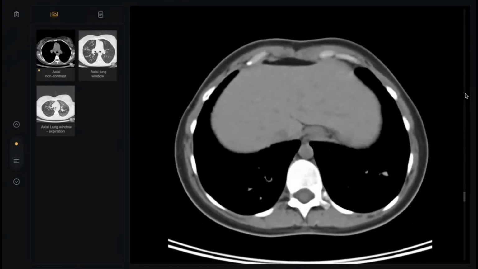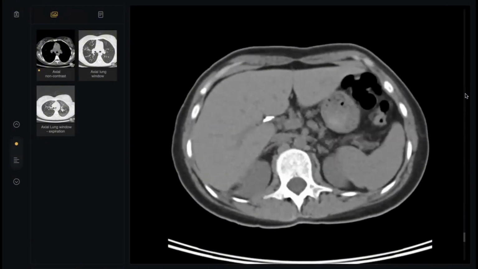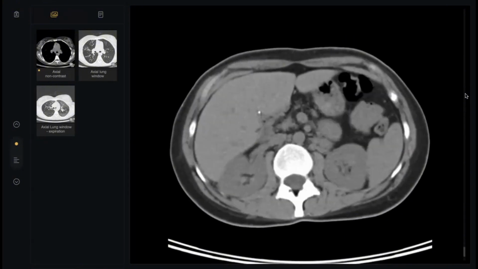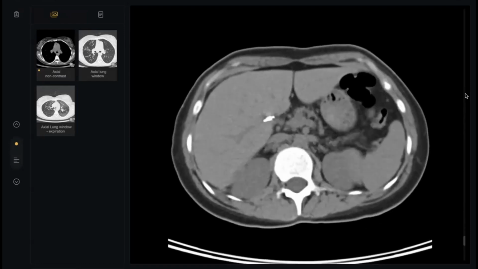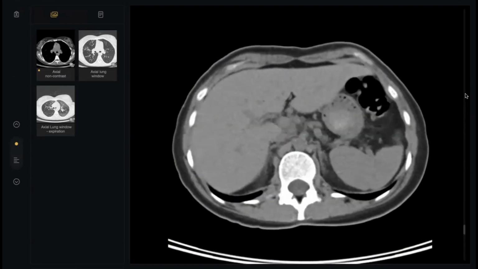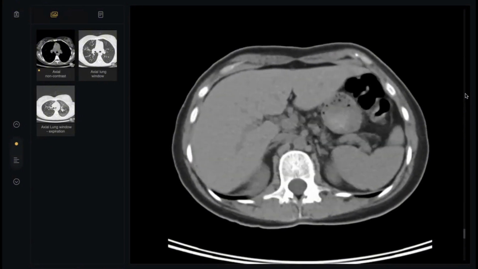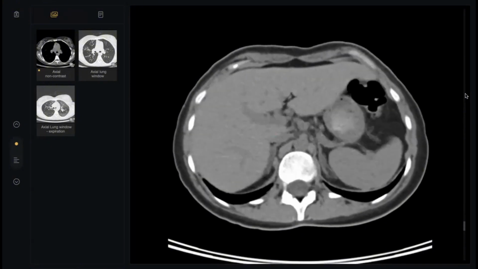There are no pleural effusions, and there is significant lymphadenopathy in the pre-aortic region. The spleen is prominent, though not that enlarged, and there is some calcification seen in the porta hepatis.